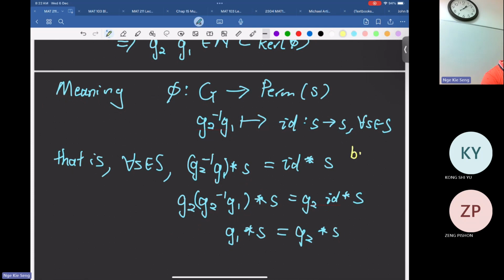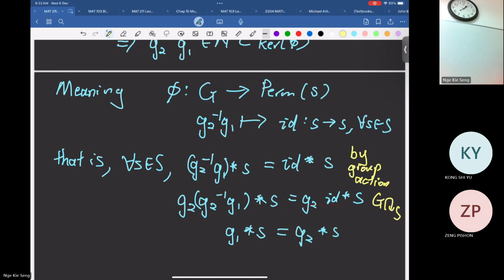So by the group action, sorry, let me try to write it. So by group action G acting on X, because we know that G defines an action. Does it make sense?